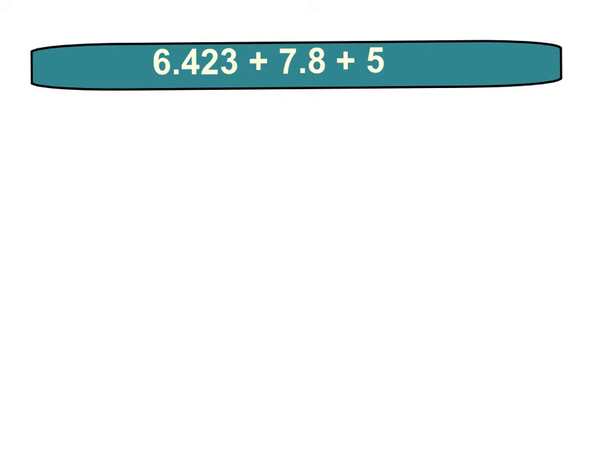I have 6.423, or I could read it as 6 and 423 thousandths, plus 7 and 8 tenths, plus 5. So I'm going to write down 6.423. Right here is my decimal point, which means that's where the decimal point has to go for everything else.